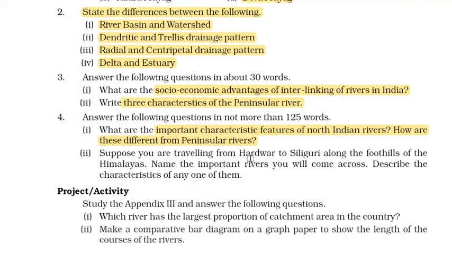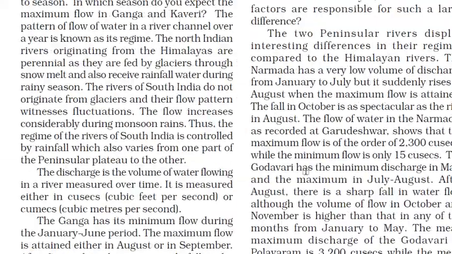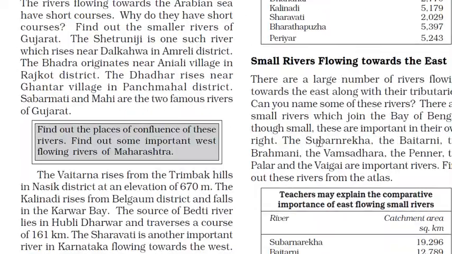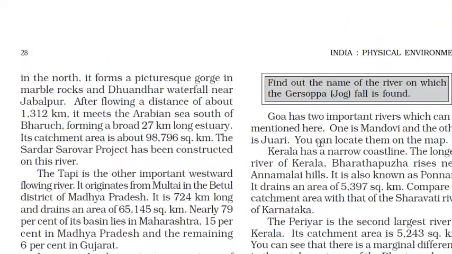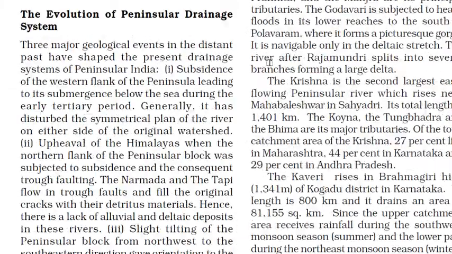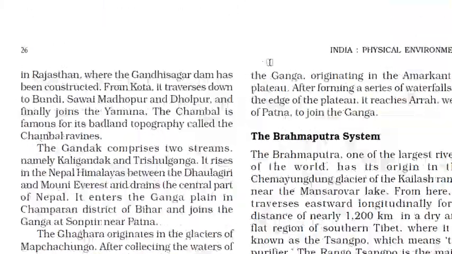Suppose you are traveling from Haridwar to Siliguri along the foothills of the Himalaya. Siliguri is in West Bengal. Name the important rivers you will come across. Describe the characteristics of any one of them. So if you are moving towards Siliguri, you will find rivers like, I will tell you with the help of the map.